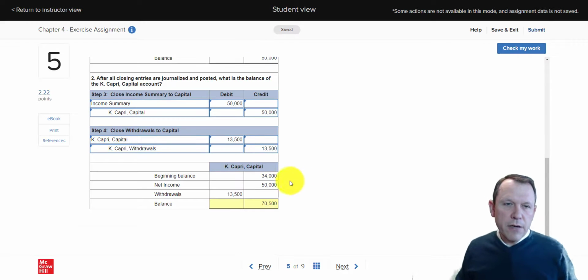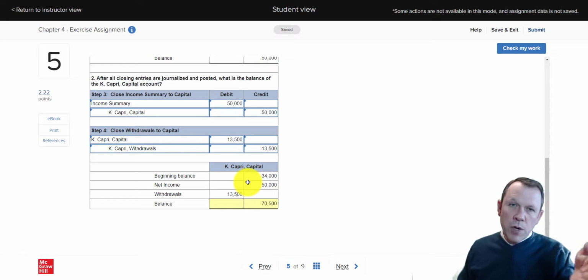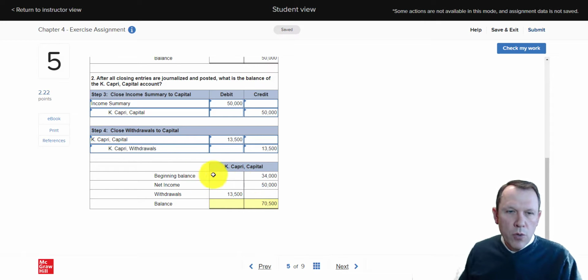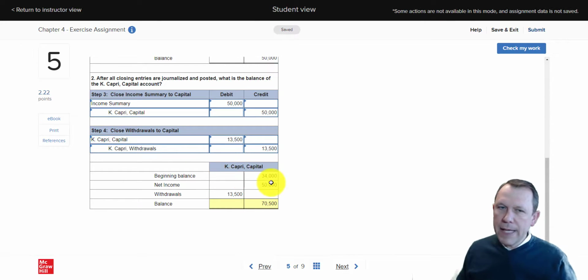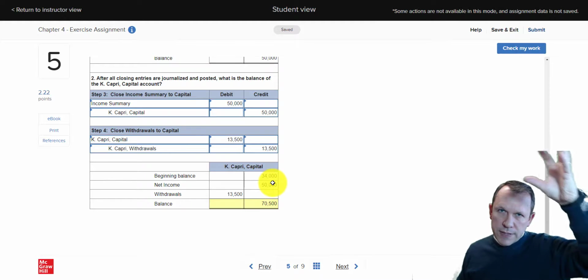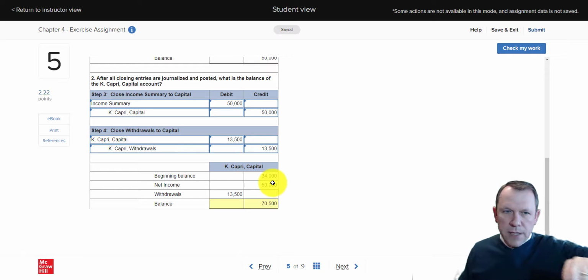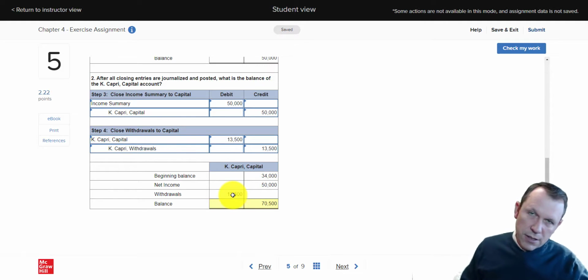And we see down here, really this is the ledger. This shows us what we just did, right? So our capital account has a beginning balance of 34,000. We closed our revenues and expenses through the income summary into capital. That's a net income of 50,000 that will be closed in there. And then we're going to debit, close our withdrawals into capital as well.